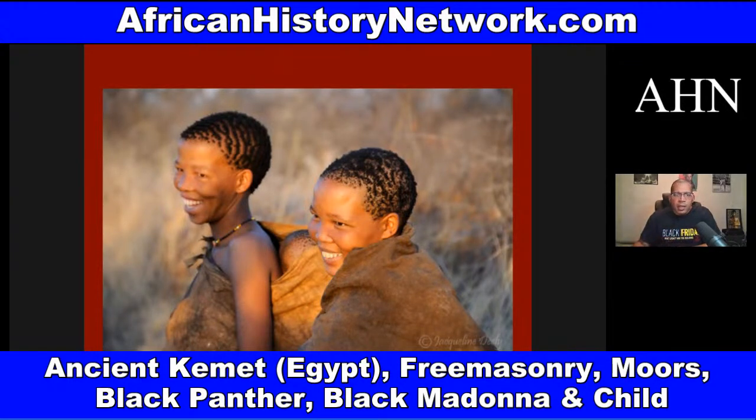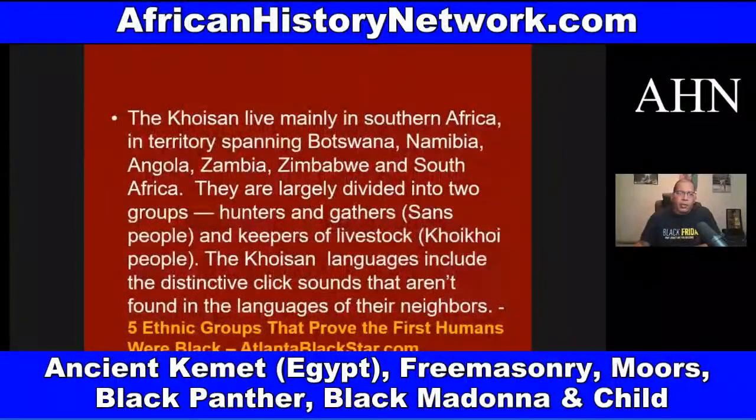Here's some Khoisan women here. The Khoisan live mainly in Southern Africa in territory spanning Botswana, Namibia, Angola, Zambia, Zimbabwe, and South Africa. They are largely divided into two groups: the San people, hunters and gatherers, and the Khoi people, keepers of livestock.